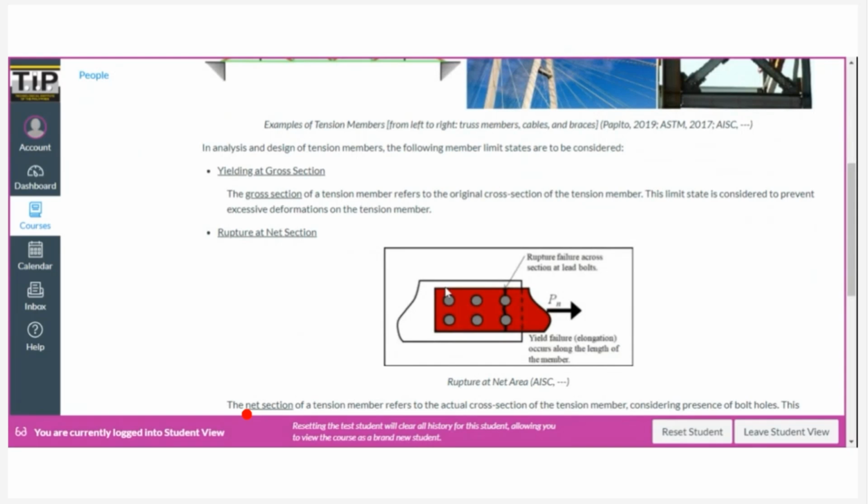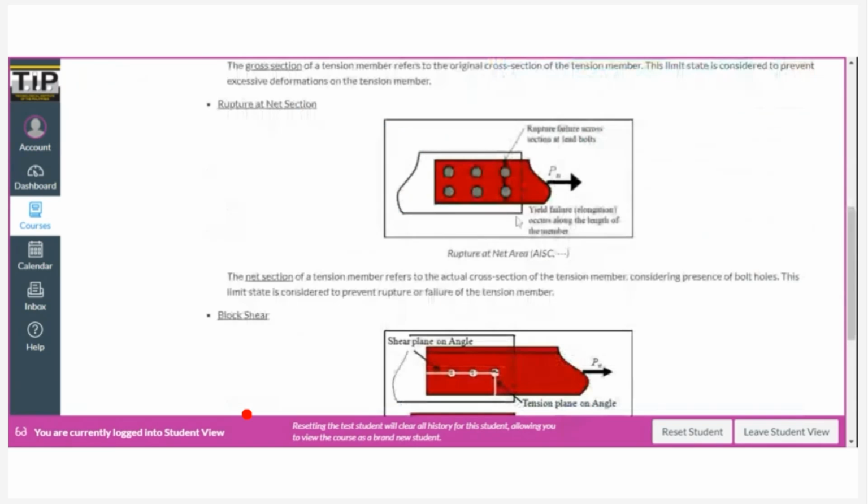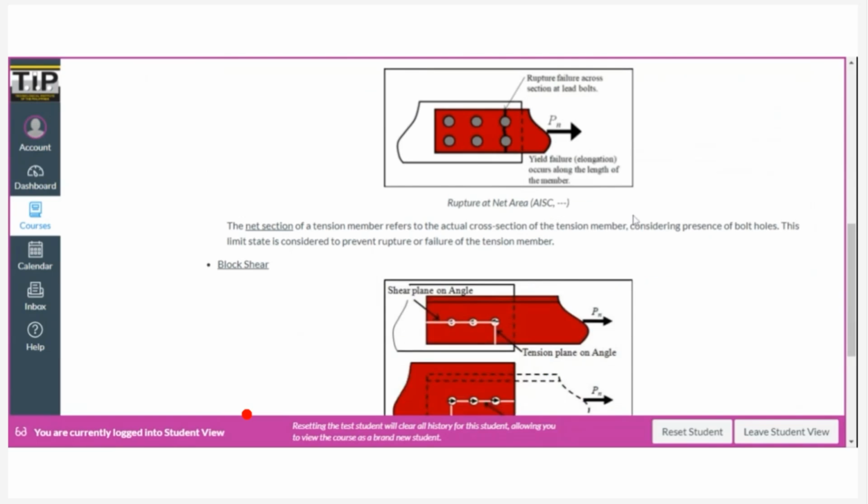So meaning, for now, we assume that the strength of the connections and the strength of the gusset plate, which is the one that connects the member to another member by using connections, are non-critical, meaning they are considered to be adequately designed.